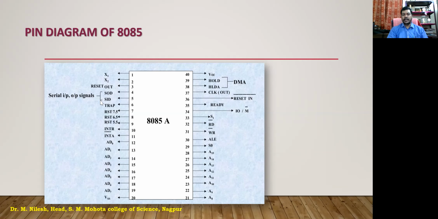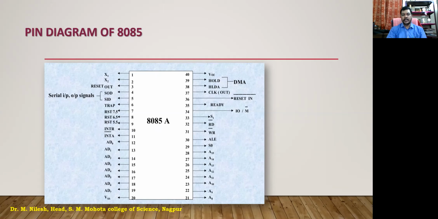The data can be taken serially inside, and the data can be given serially out in the output side also. Then the third pin is reset out, and the first 2 pins, x1 and x2, are for the crystal to be attached. That is, we are going to connect a 6.14 megahertz crystal. The frequency which is required by this 8085 microprocessor is 3.3 megahertz.